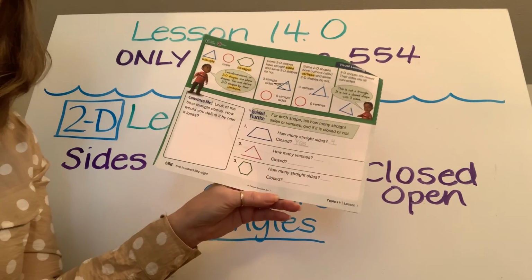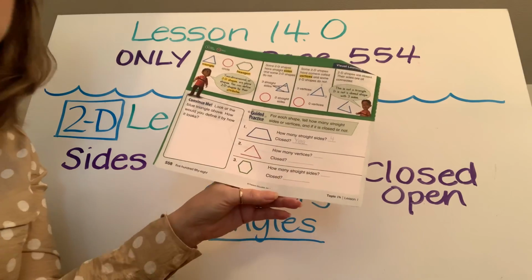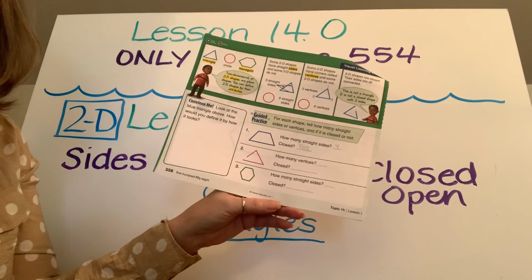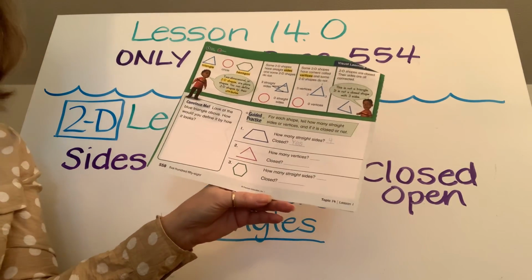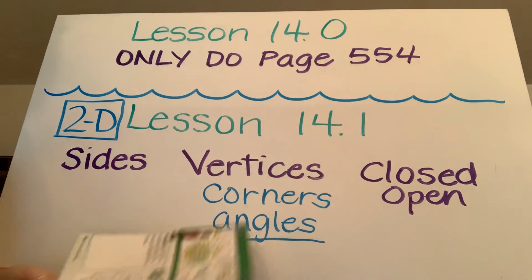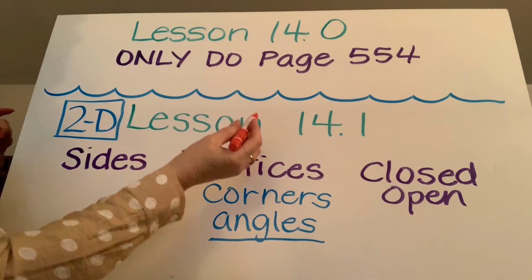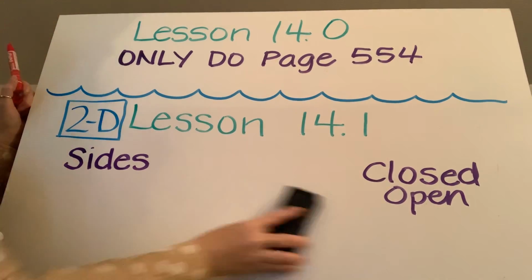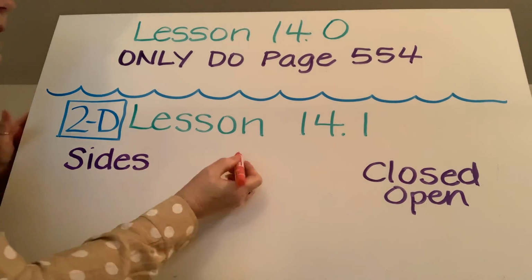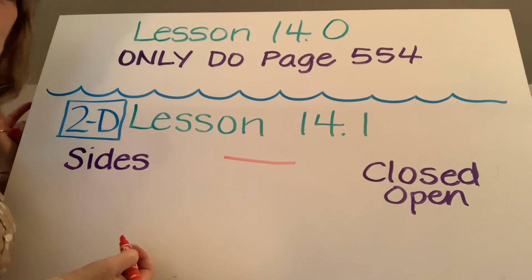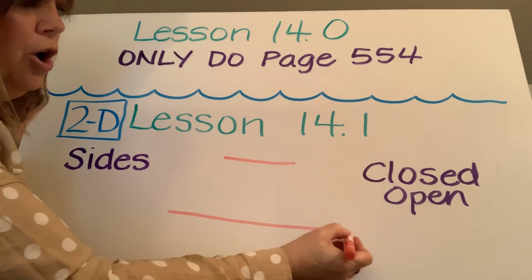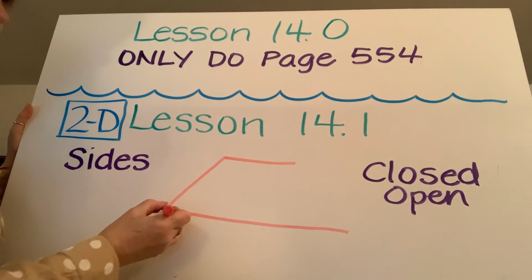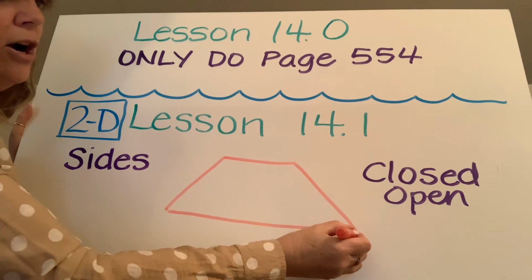Now, we're going to pretend that number 2 is closed. Could you please name these shapes for me? What is number 1? This one's a very odd shape. And I'm going to draw one up here. Actually, I'm going to erase the word vertices. It's got a short top, a long bottom, and it has its sides that are angled.